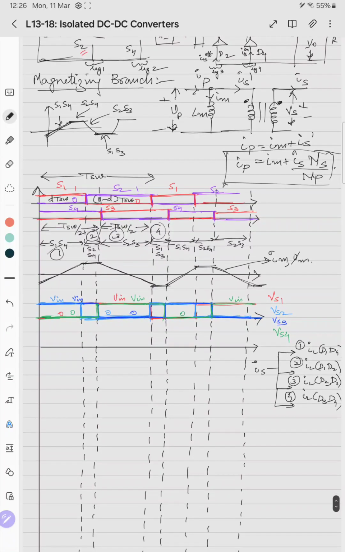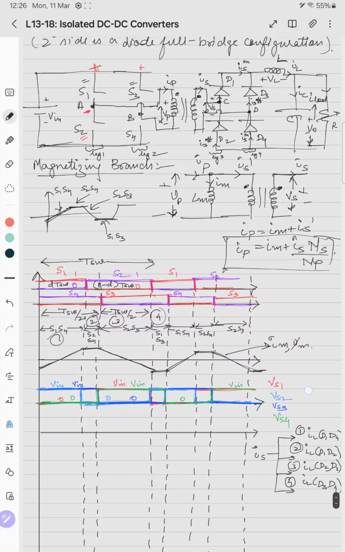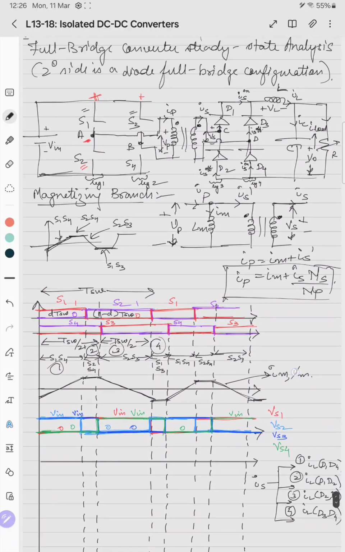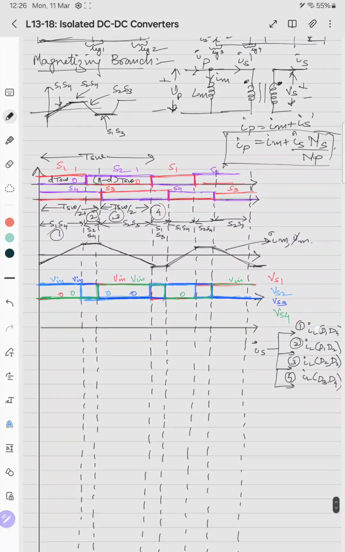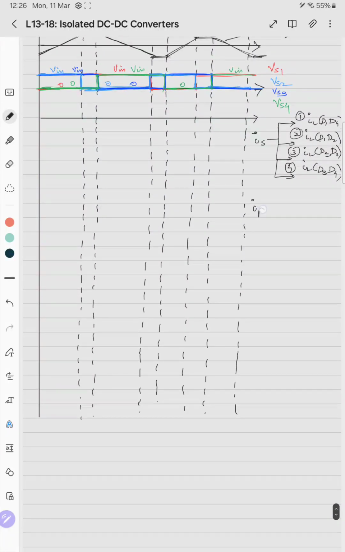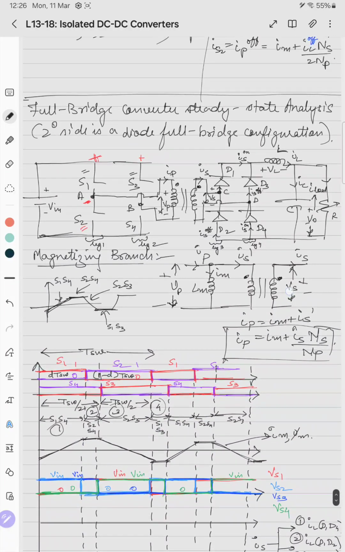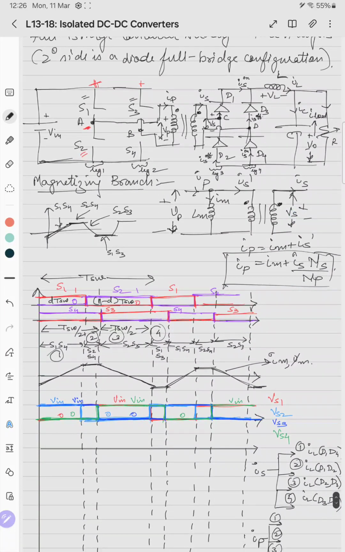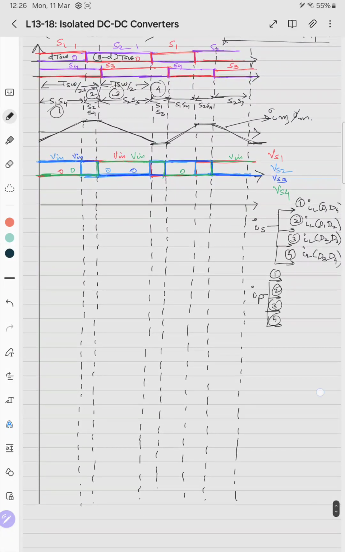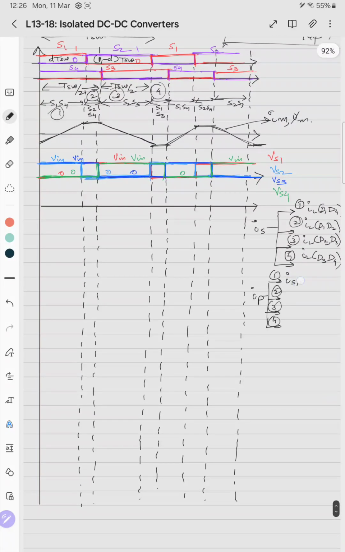So this we do. Similarly, we have to write the IP, for case 1, case 2, case 3, and case 4. For case 1, what is IP? Case 1 is S1, S4 on. So IP equals IS1 equals IS4.